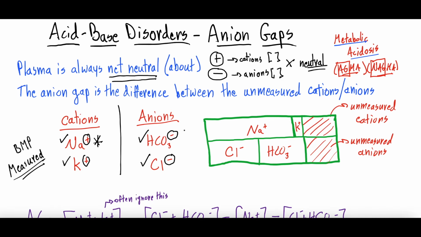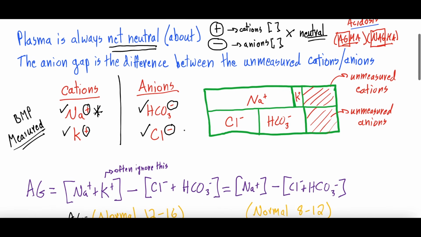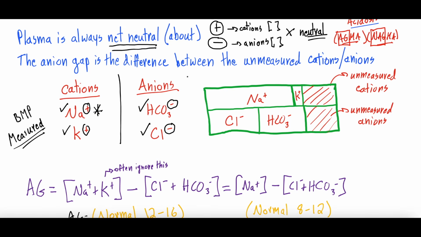So when an anion gap is calculated, you are essentially looking at the difference between these two main measured cations and these two main measured anions. And the difference between them is going to be the difference in the unmeasured cations and unmeasured anions. Does that make sense?